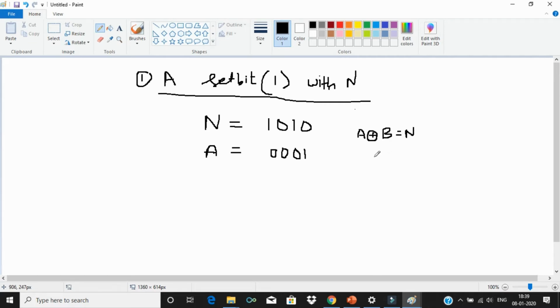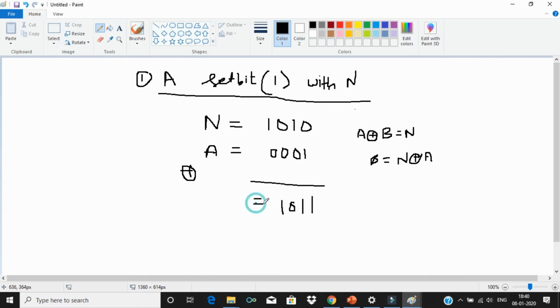It simply becomes B equals N XORed with A. So B will be N XOR A. We do the XOR of these two, and the result is 1101.